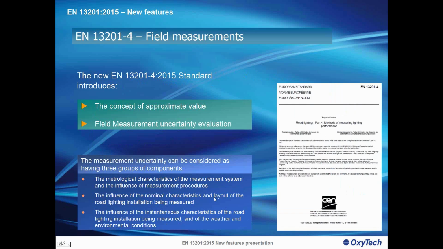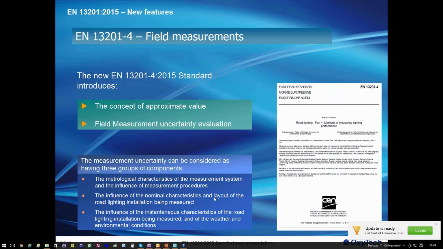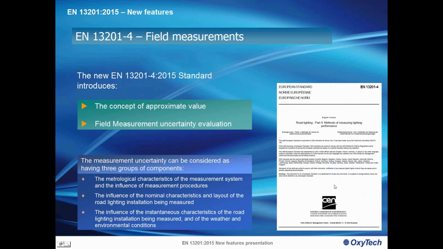Let's come now to section 4, where I'd like to point out that 2 main points are now characterizing this new standard, this new section. The concept of approximate value and the field measurement uncertainty evaluation.